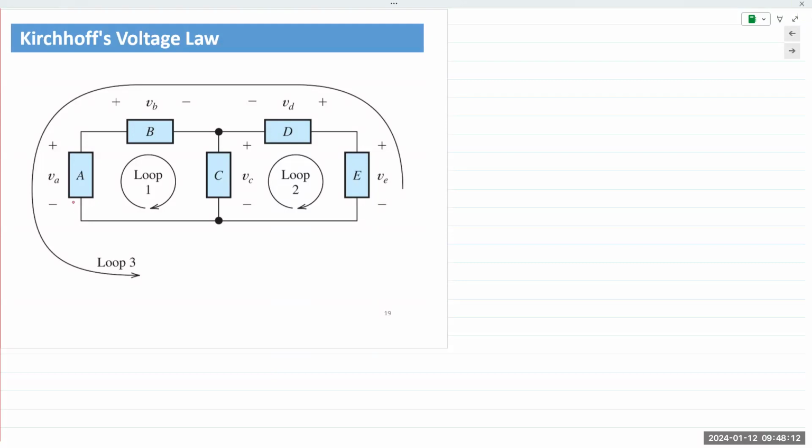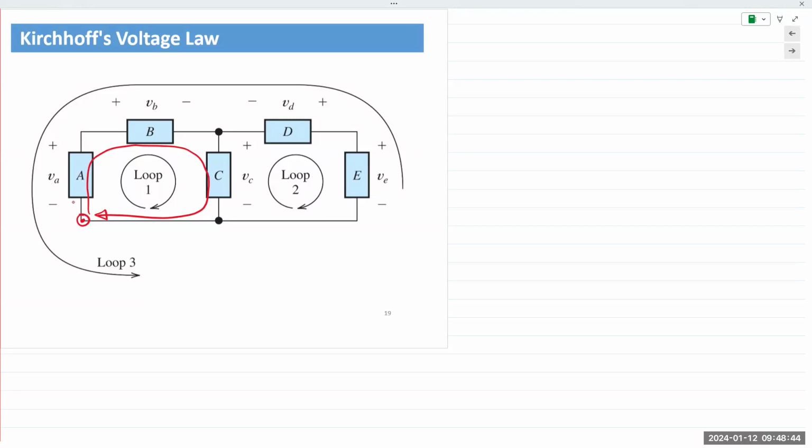So an electrical loop is basically if you start at one point and you travel down the street and you come back at the exact same point, that is a closed electrical loop. So we start at the bottom left corner in this circuit and we go around. We go through A, B, and C, and there's a pathway to come back to that point. So we have one electrical loop, loop 1.